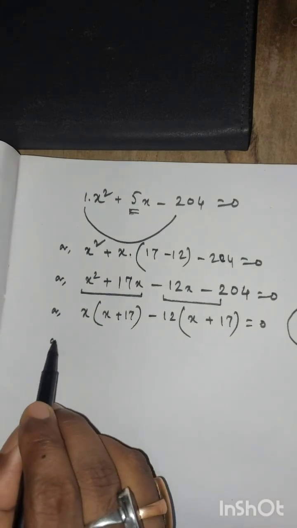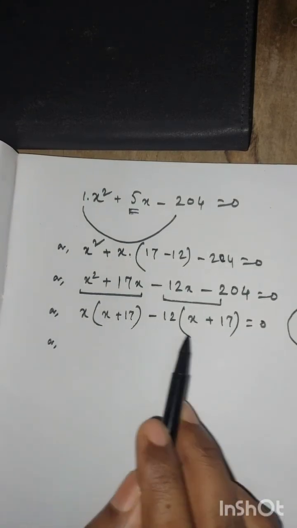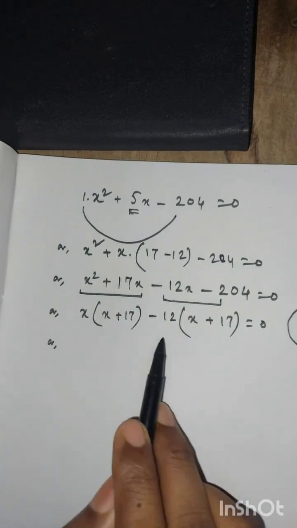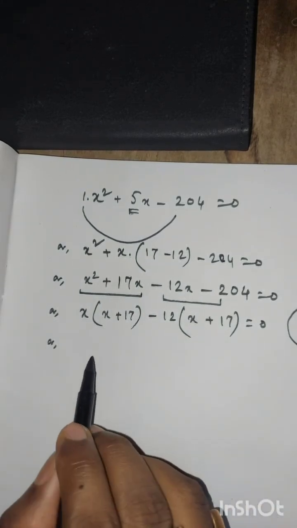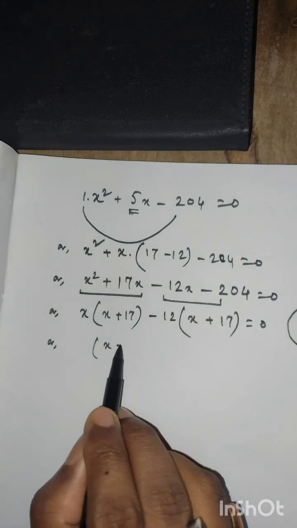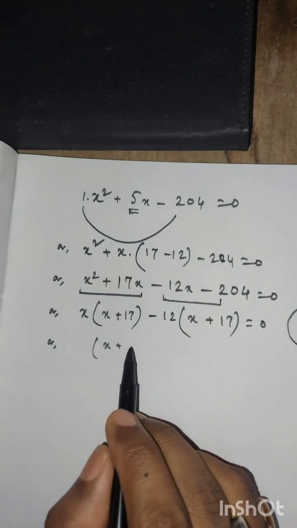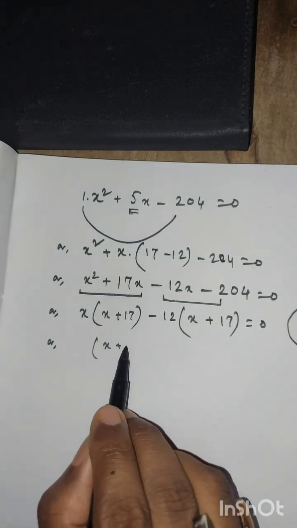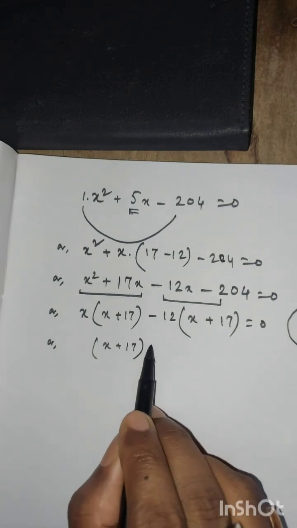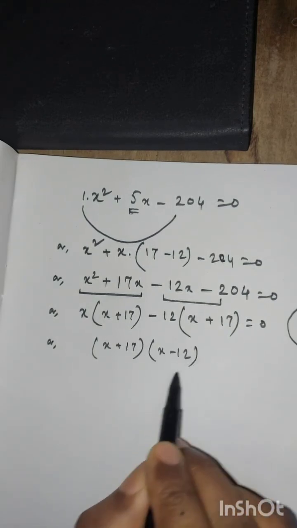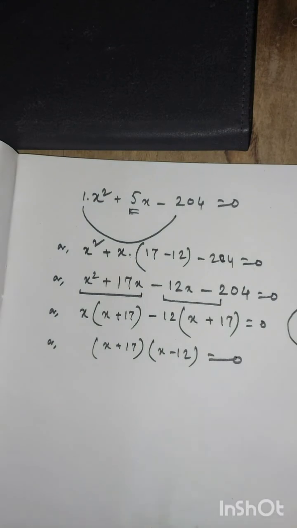Now if we take x plus 17 common from these two quantities, it becomes x plus 17 into x minus 12, which is equal to 0.